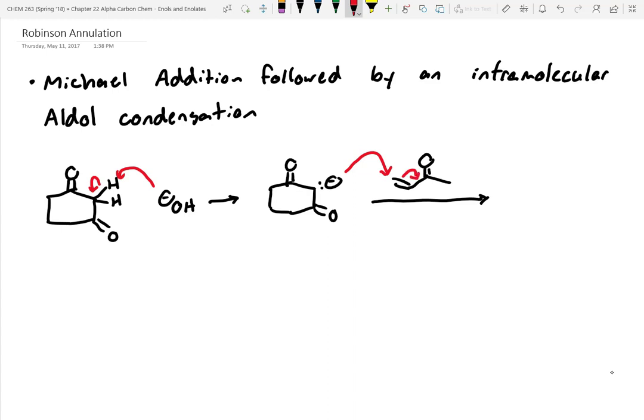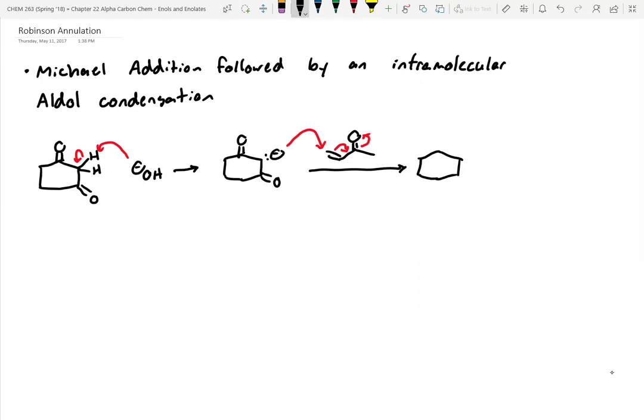That will push electrons over and up onto the oxygen. Let me zoom out a bit here. That gives us our intermediate that has a negative charge.